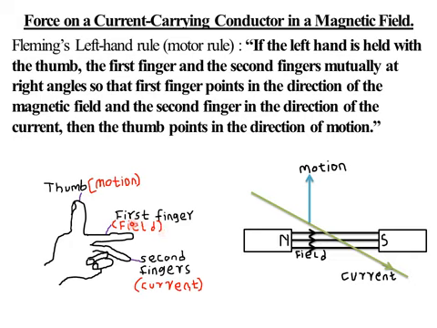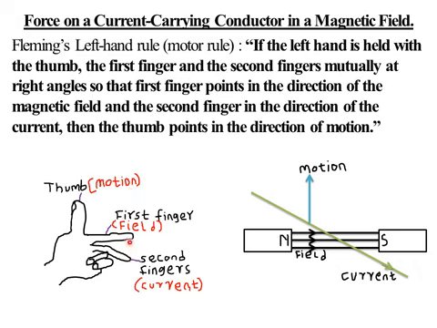You take your first finger to point in the direction of the magnetic field lines, then you take your second finger to point in the direction of the current. If this is my current, remember this is an arrow indicating that the current is moving downwards. So you align your second finger in the direction of the current, then you realize that the thumb will be pointing upwards, or in the direction of the motion.